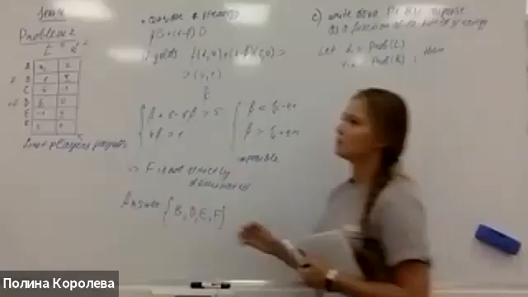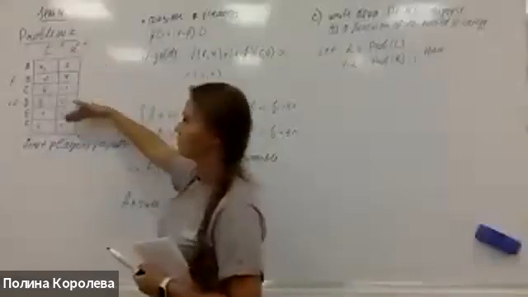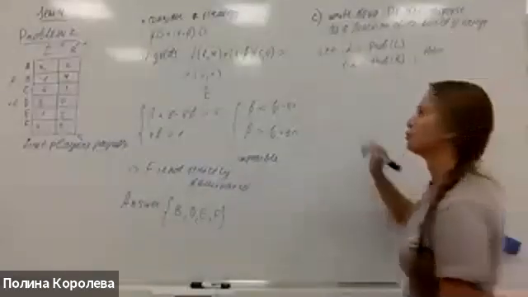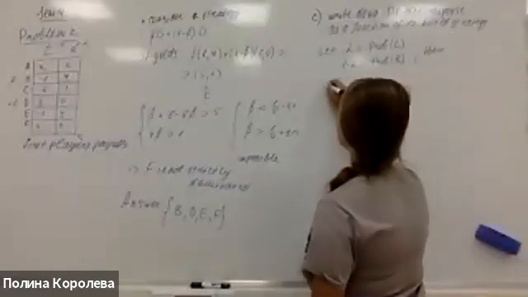So let's consider what we did. We checked payoffs in each situation. So let's consider now the payoffs of our first player if our second player plays such a mixed strategy.